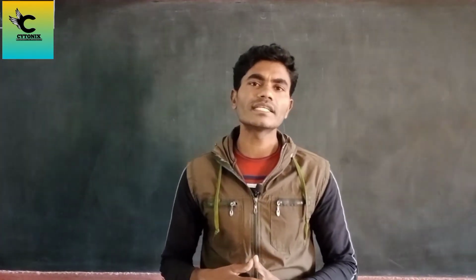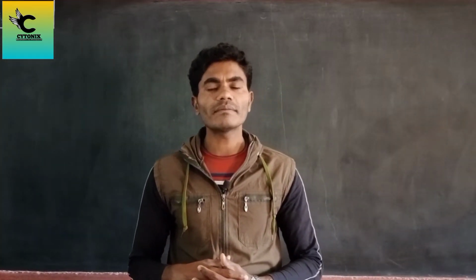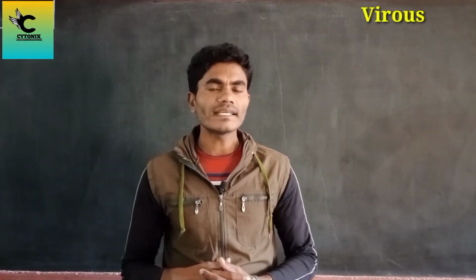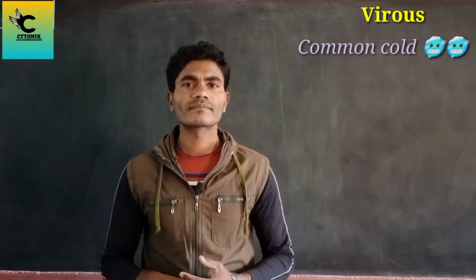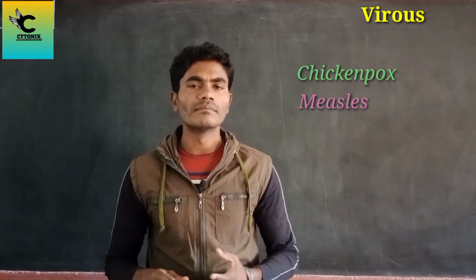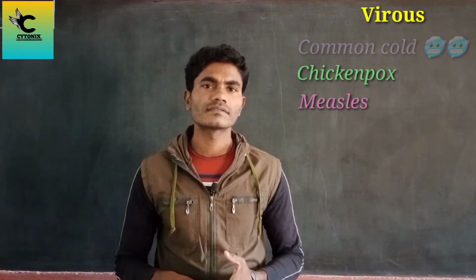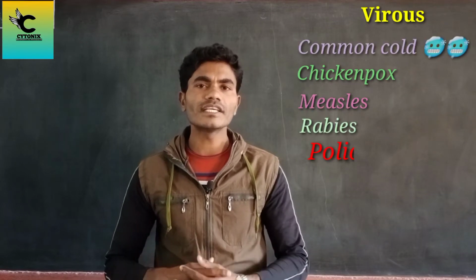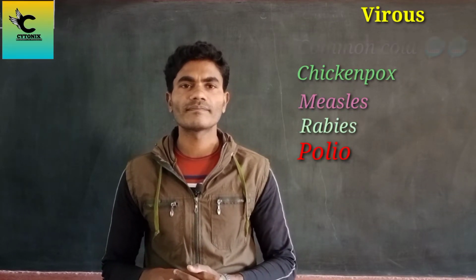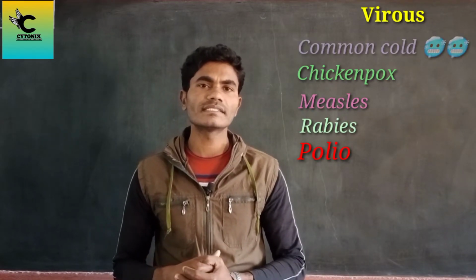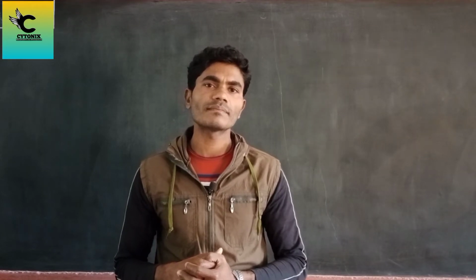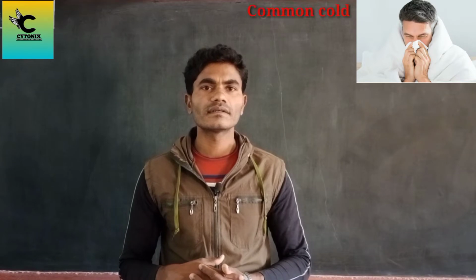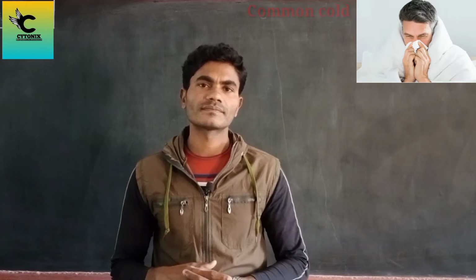First of all, we will see diseases caused by one microorganism that is called virus. First are the cold, chickenpox, measles, rabies and polio. Now the first point is the cold. The cold is one type of disease. How will we know the person is infected by a cold virus?